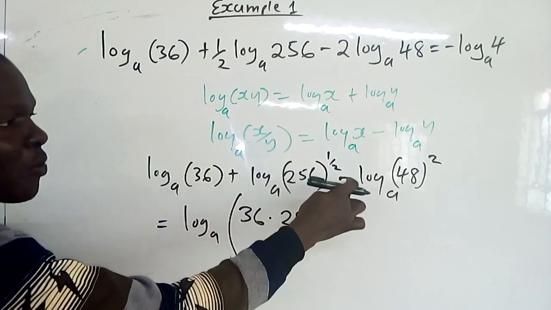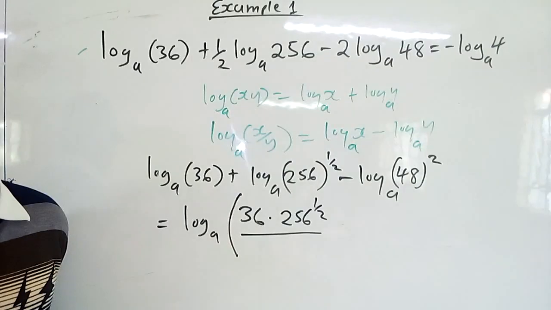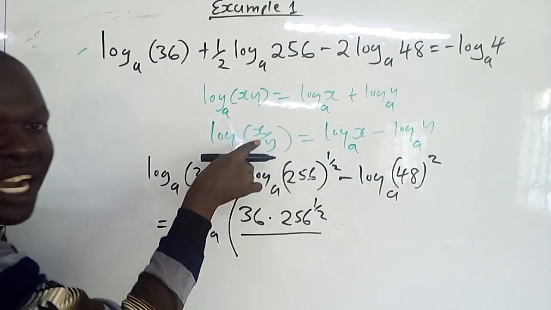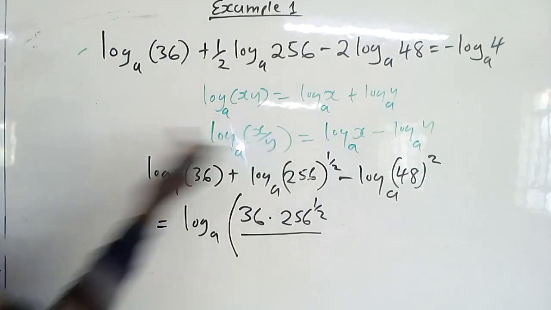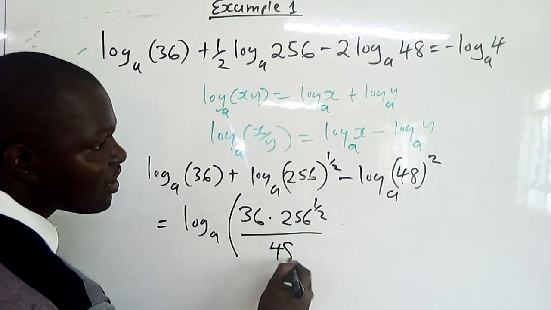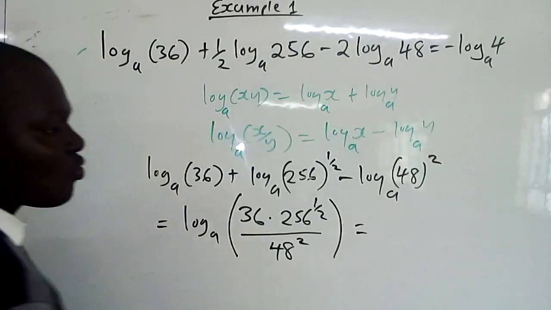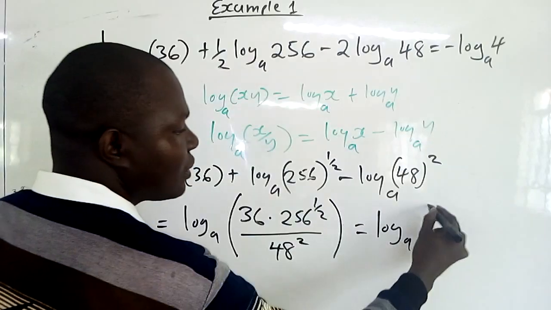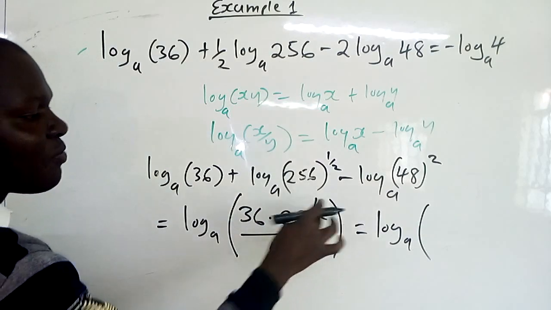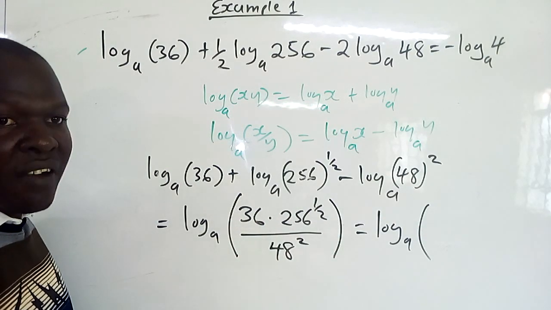Where there is subtraction, it goes back to division, so divided by 48 raised to power 2. So if you work this out, what do you get? 36 times 256 raised to power half, divided by 48 squared.